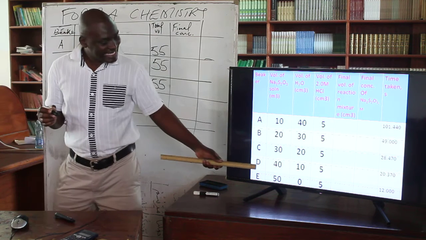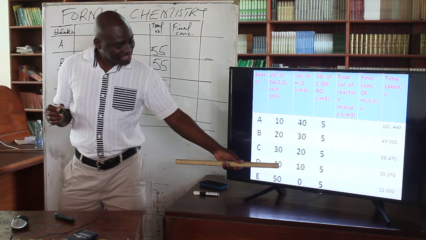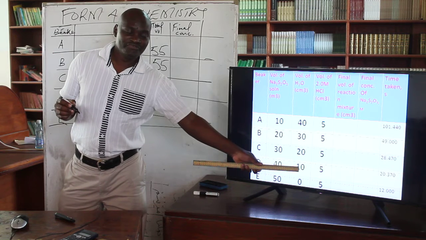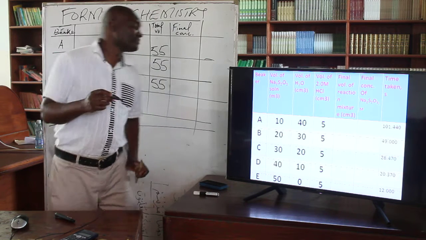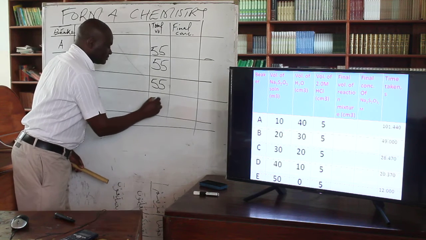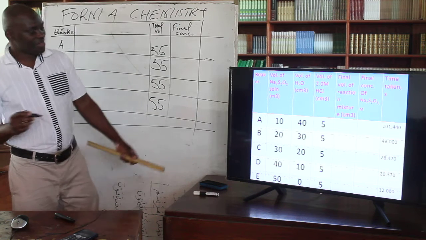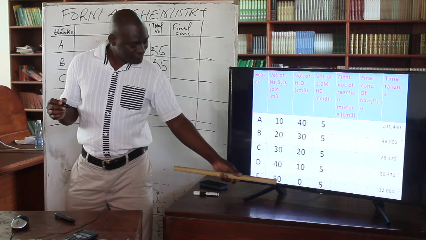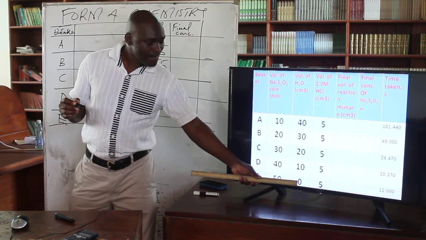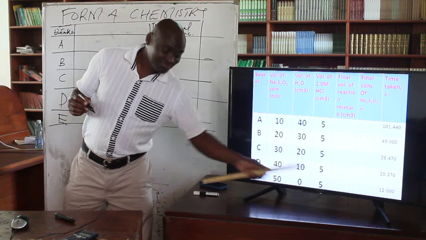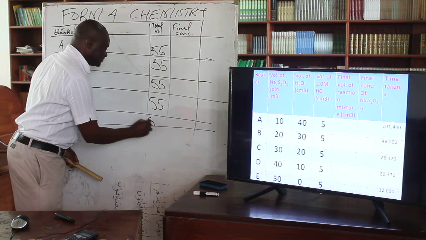For beaker D, we have 40 plus 10, 50 plus 5, 55. For beaker E, we have 50 plus 0, 50 plus 5, 55.